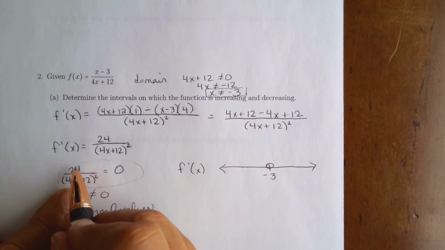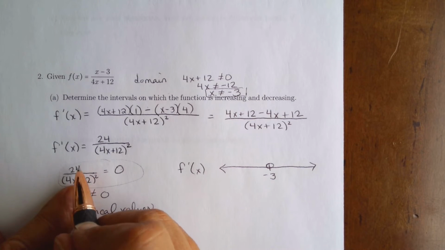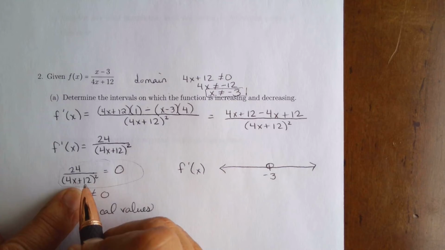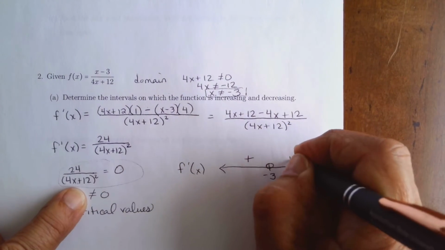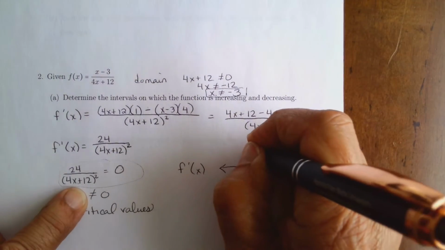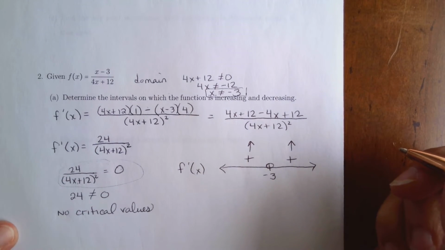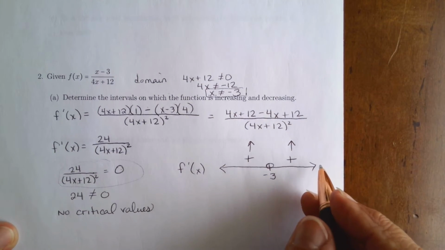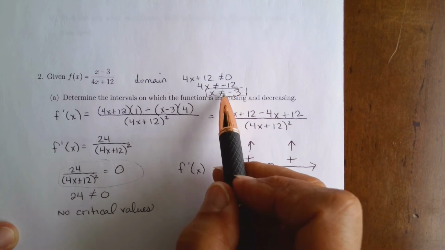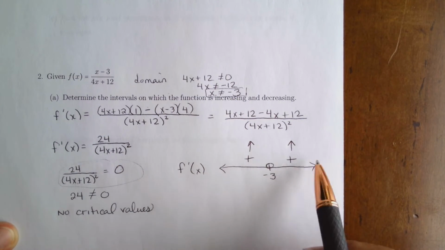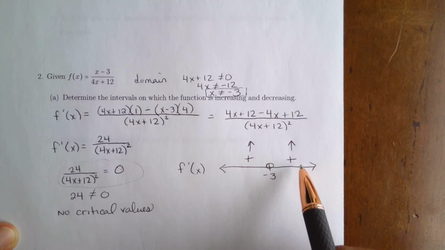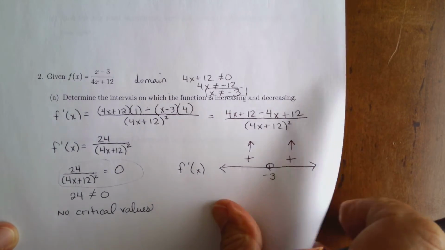And the top is always positive. So you're always dividing a positive number by a positive number, no matter what. So both of these sides are positive. All that means is my graph is increasing everywhere. I still have to test. If I didn't have a domain issue, I would have just had a number line of all real numbers. But I do have to test that.